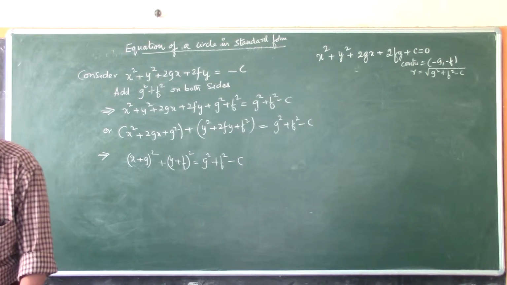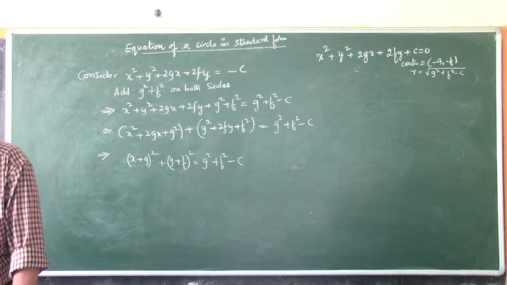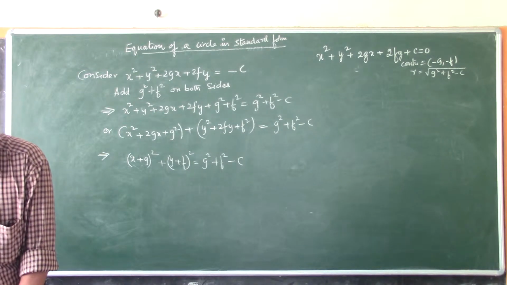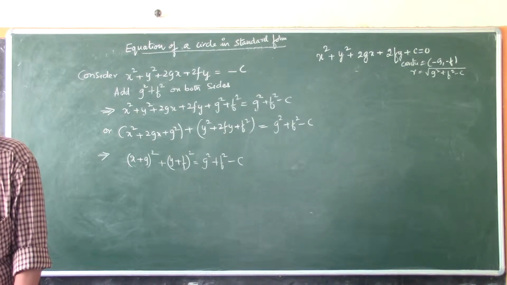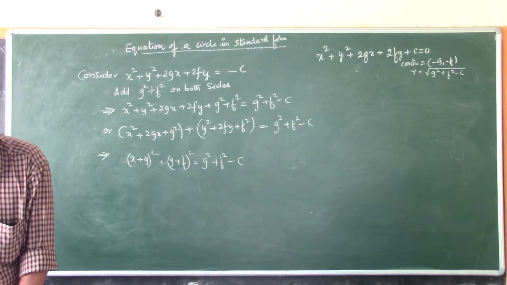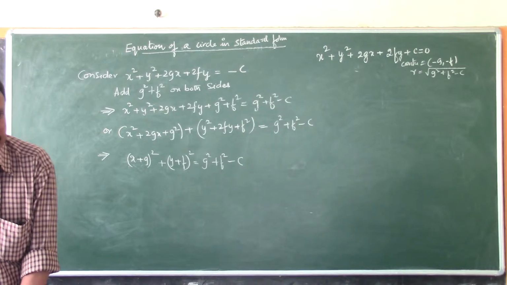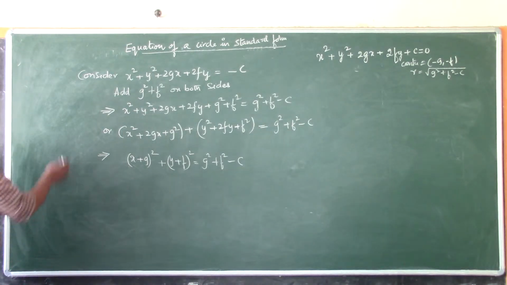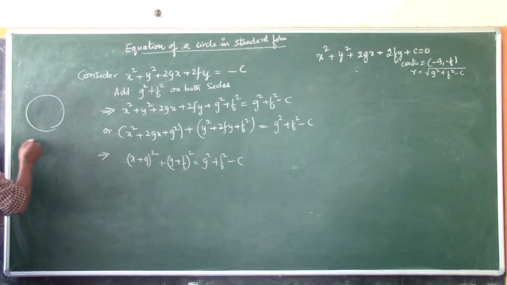What is the equation of a circle which you already know, whose center is at h comma k and radius r? x minus h whole square plus y minus k whole square is equal to r square.